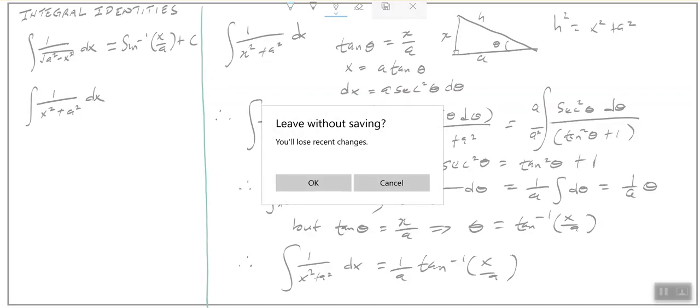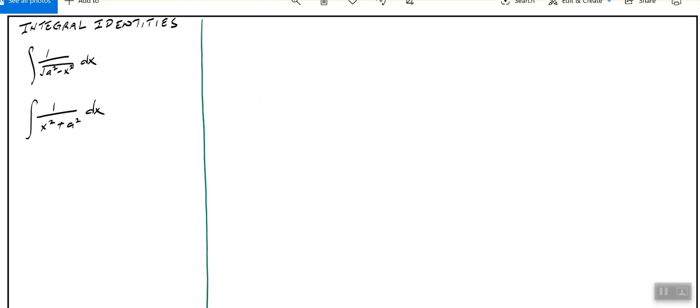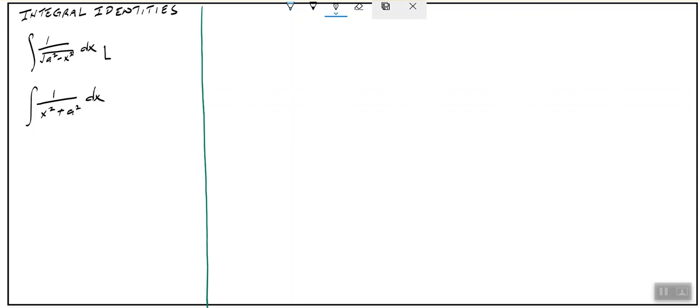So I'm just going to take this off and just update, or it deleted both, so I would have this solution. We had sine inverse of x divided by a plus c here, and here we had 1 divided by a tangent inverse of x divided by a plus c.